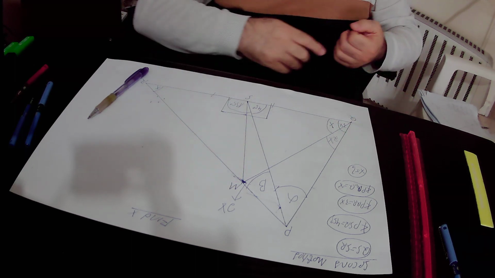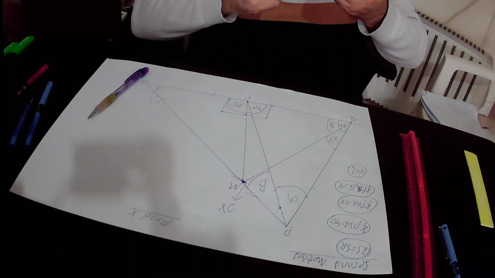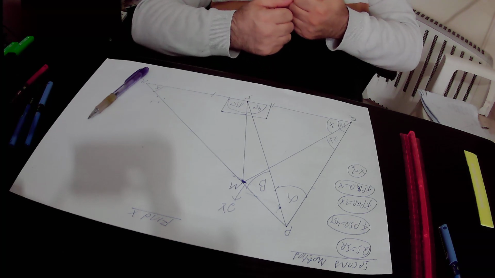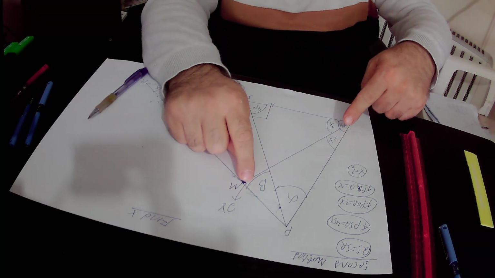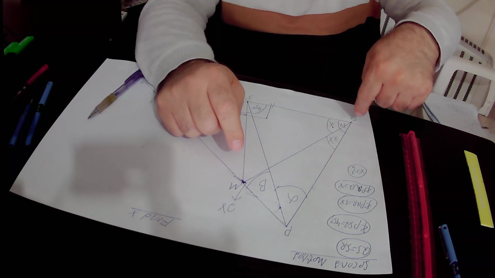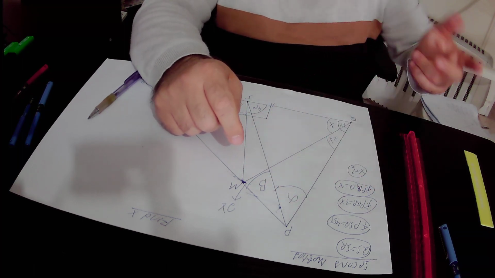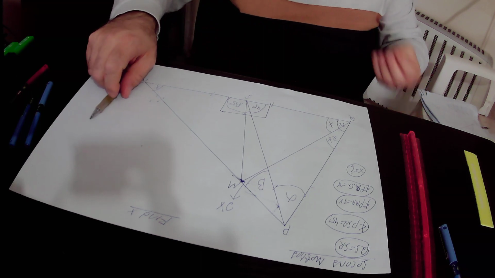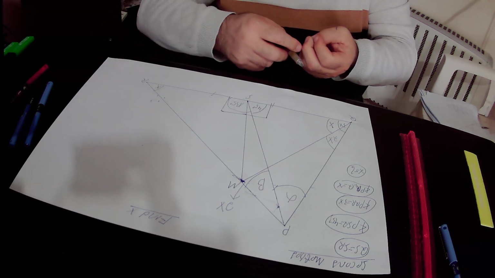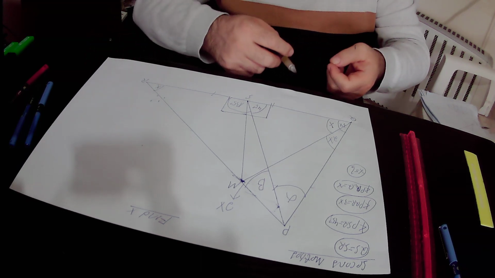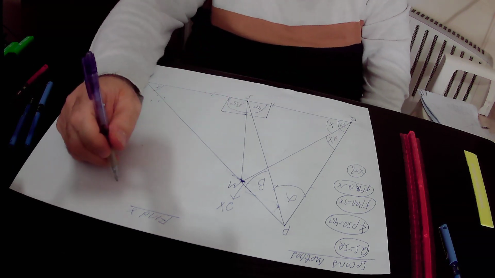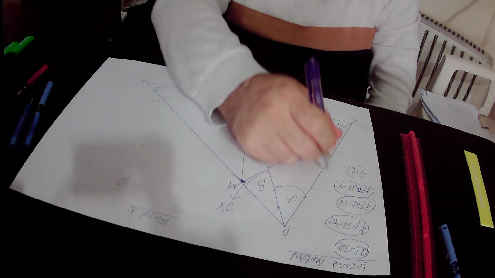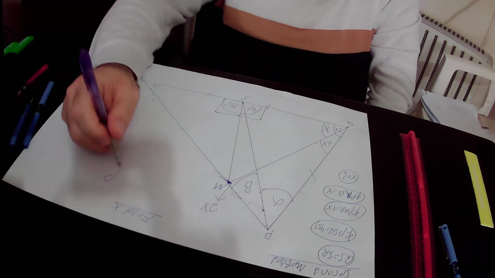And we have the rule that in front of equal angles in the triangle there are equal sides. Those two angles are located in front of sides PQ and PM, and according to the rule that I mentioned, the sides are also equal to each other, that is to say PQ equals PM.